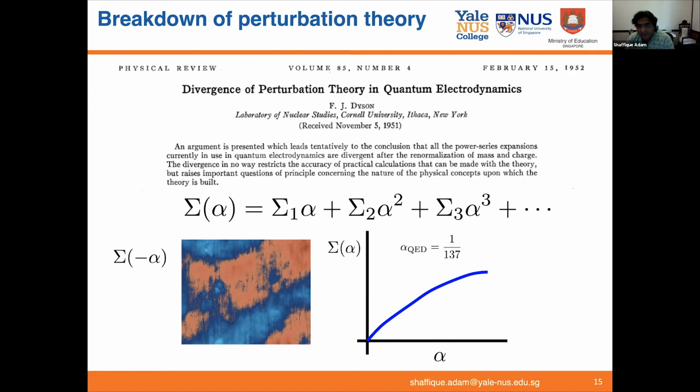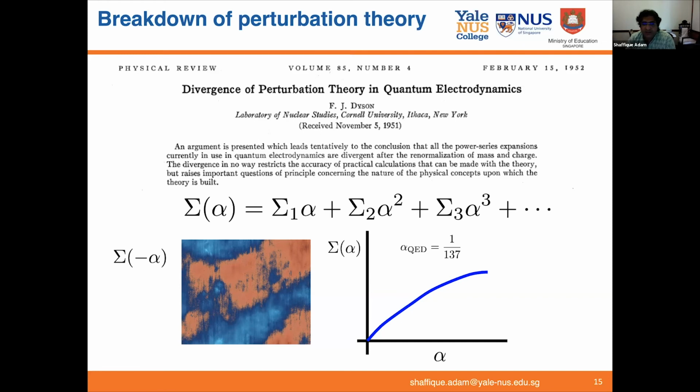Imagine an artificial system where alpha is negative. So instead of the Coulomb interactions being repulsive, they are attractive. Then if you add a particle, that particle will attract another particle and form a cluster, a puddle, and that will break down your assumption of a homogeneous theory.